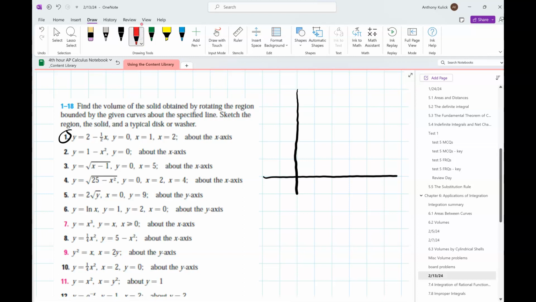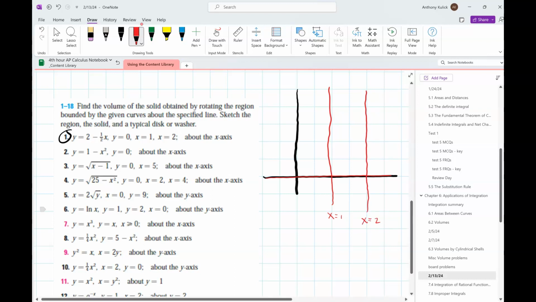So we have y equals 0, x equals 1, x equals 2, and the line 2 minus 1/2 x. So that's something like that, right?